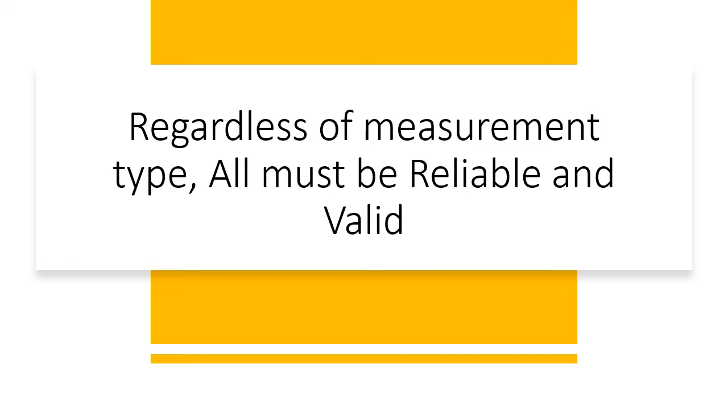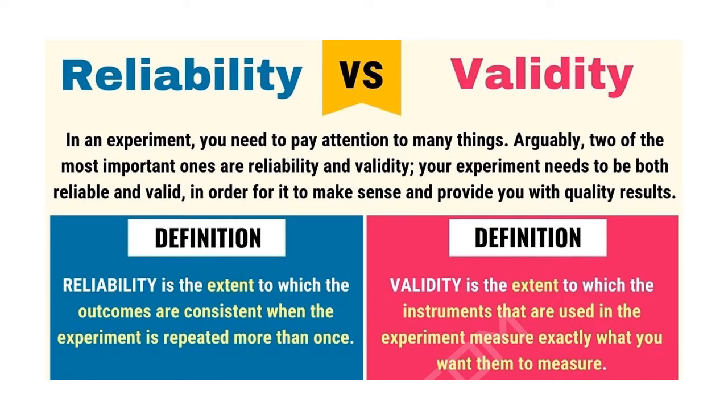So what do we mean by this? So first off, reliability versus validity. In an experiment, you need to pay attention to many things. Two of the most important ones are reliability and validity. Your experiment and your measure needs to be both reliable and valid in order for it to make sense and provide you with quality results.